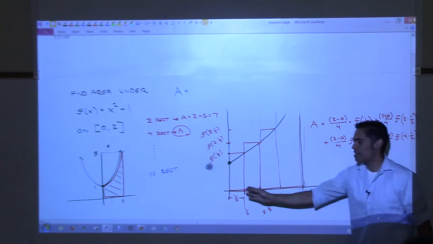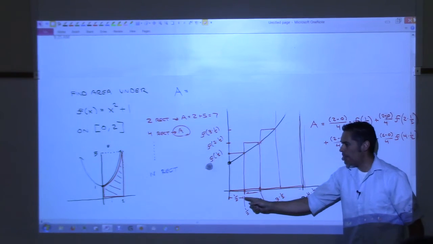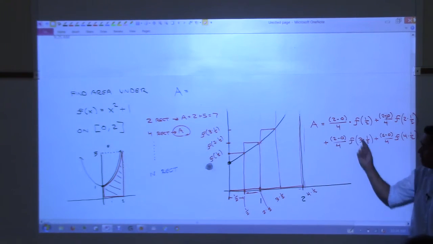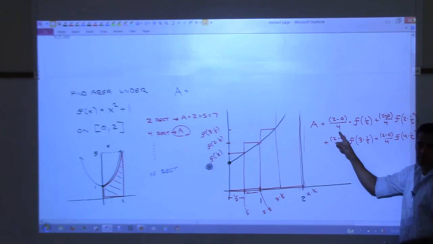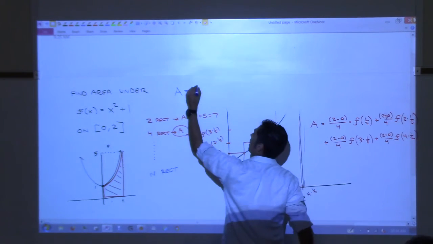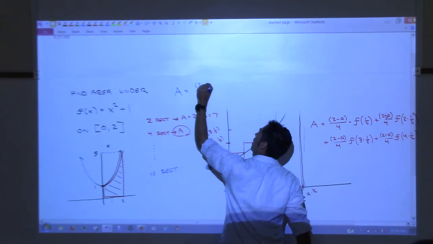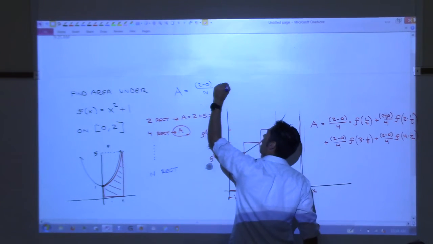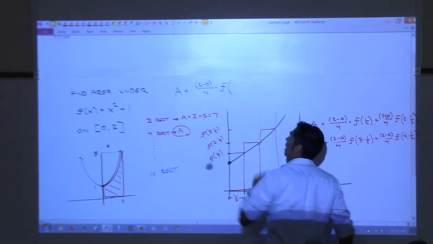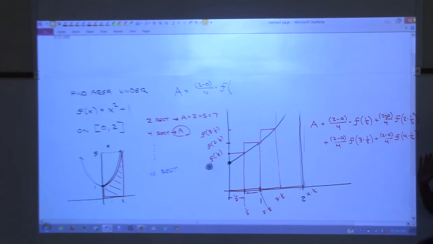Yes, I understand that that's 1/2, but it's more profound if you understand that it's actually the length of the interval over how many rectangles you had. So the area should be the length of the interval, 2 minus 0 over n, times f evaluated at, now this is where it gets really tricky.